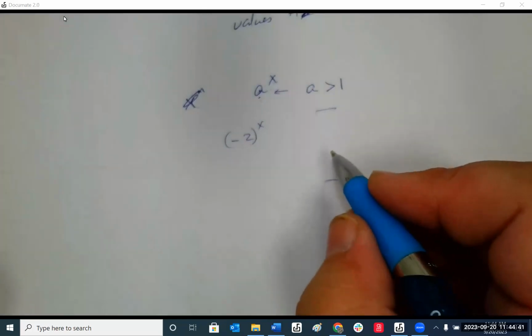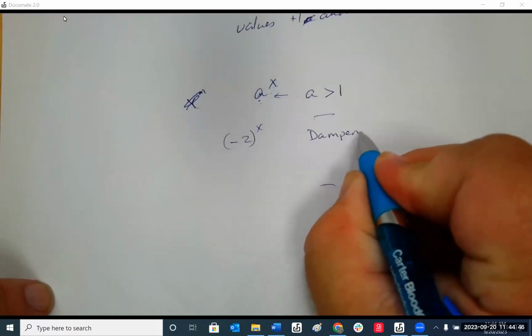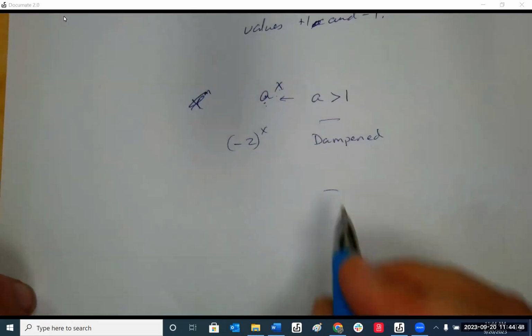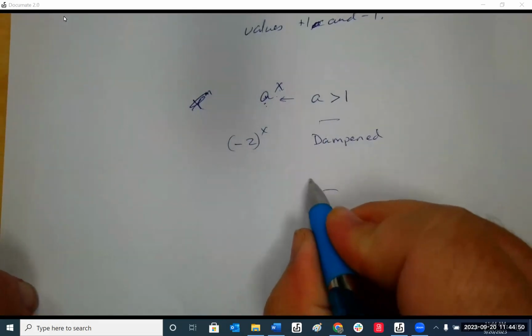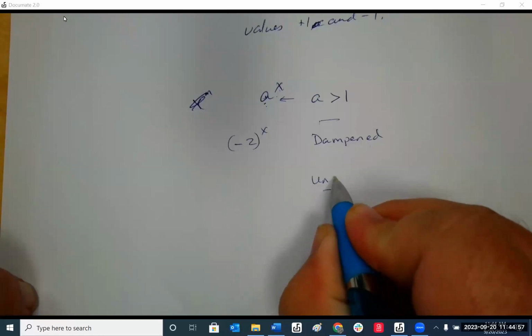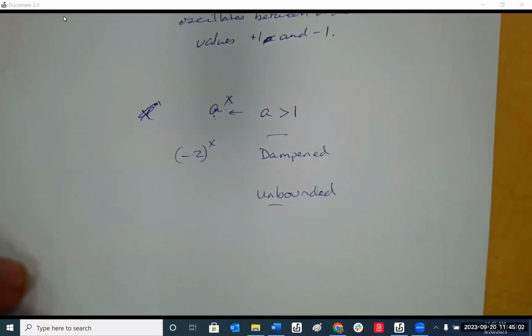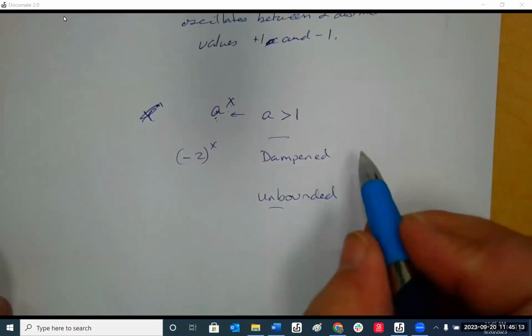But unlike this one, we have 2 types of oscillating functions. We have what are called dampened, and unbounded. When we talk about oscillating functions, as x goes to 0 or as x goes to infinity, one of 2 things can happen.